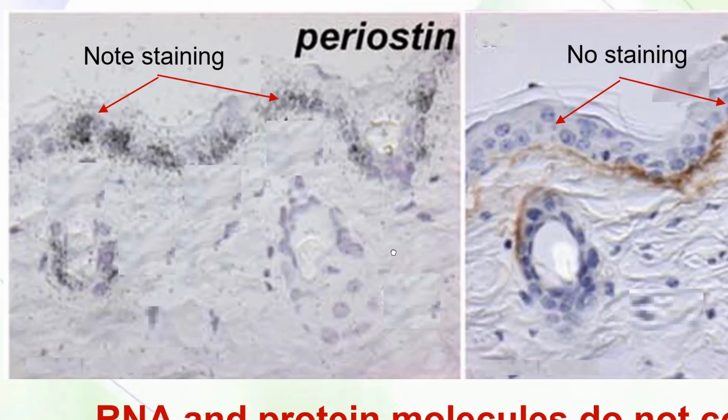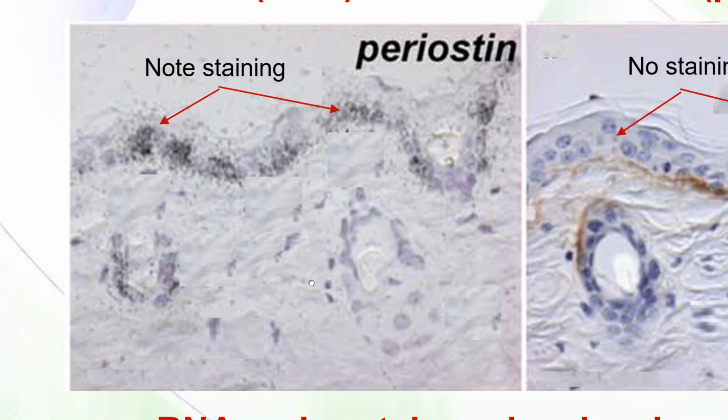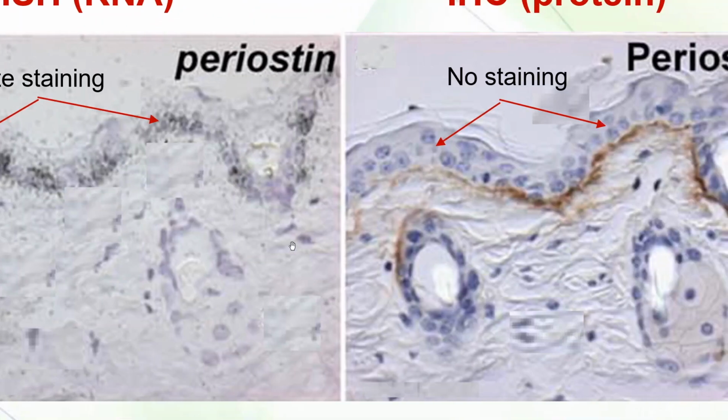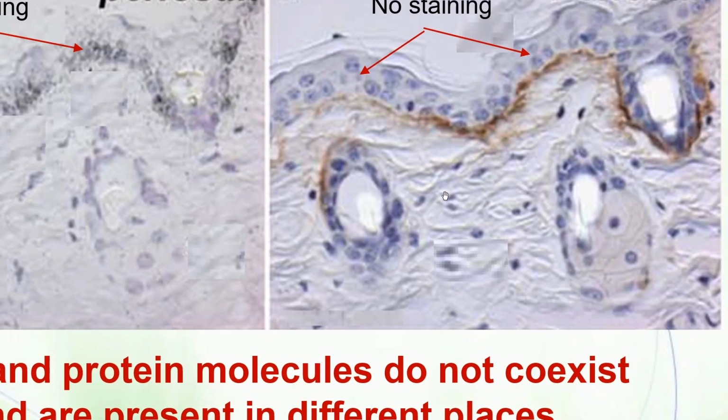And by doing in situ hybridization, we know that these are the cells that are responsible for transcribing this gene and translating it into a protein, and then the cells release the protein into the basement membrane. So it's not these differentiated cells, rather it's these cells in the bottom that are responsible for this gene expression. So this is in situ hybridization.